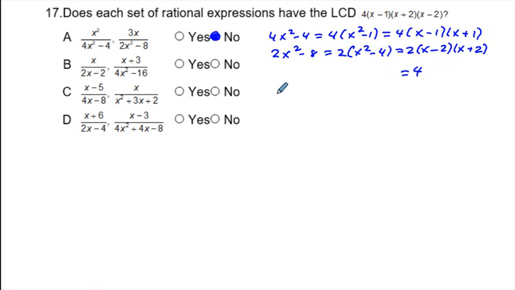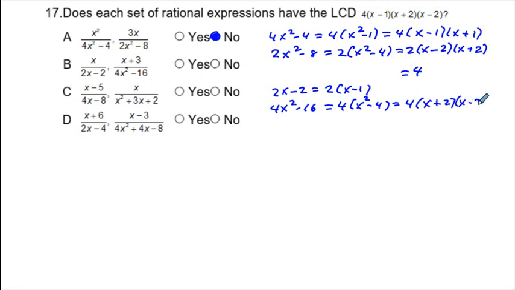Okay, the next one we have for B is 2 times quantity x minus 2, or 2x minus 2. I'm just working ahead of myself. 2x minus 2 is going to be equal to 2 times quantity x minus 1. And then we have 4x squared minus 16 is equal to 4 times quantity x squared minus 4, which is equal to 4 times x plus 2, x minus 2.